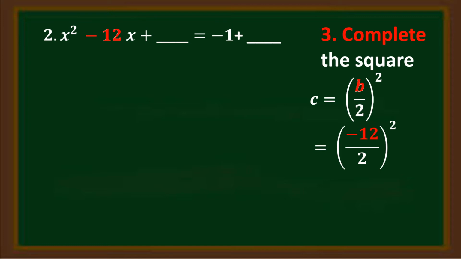And negative 12 divided by 2 is negative 6. The square of negative 6 is 36. So we'll be adding both sides of the equation by 36.